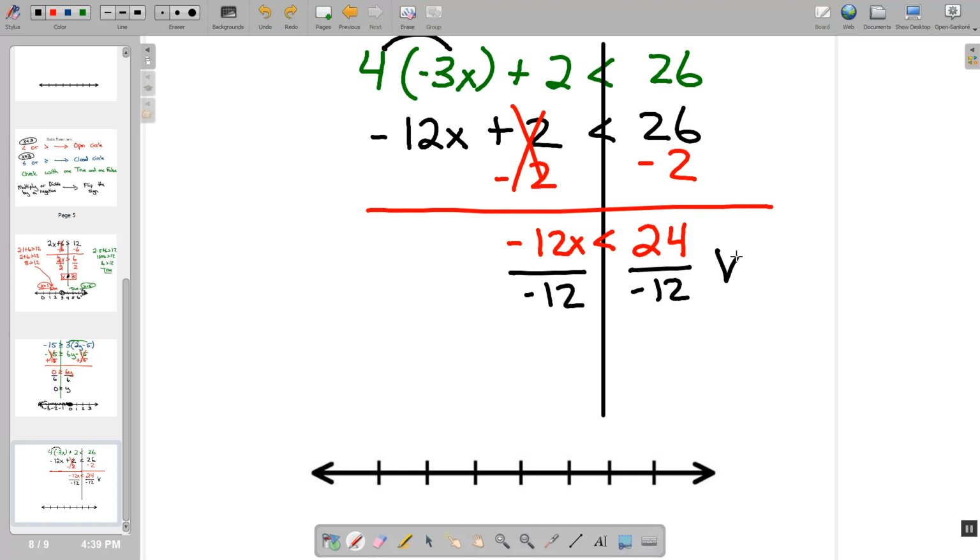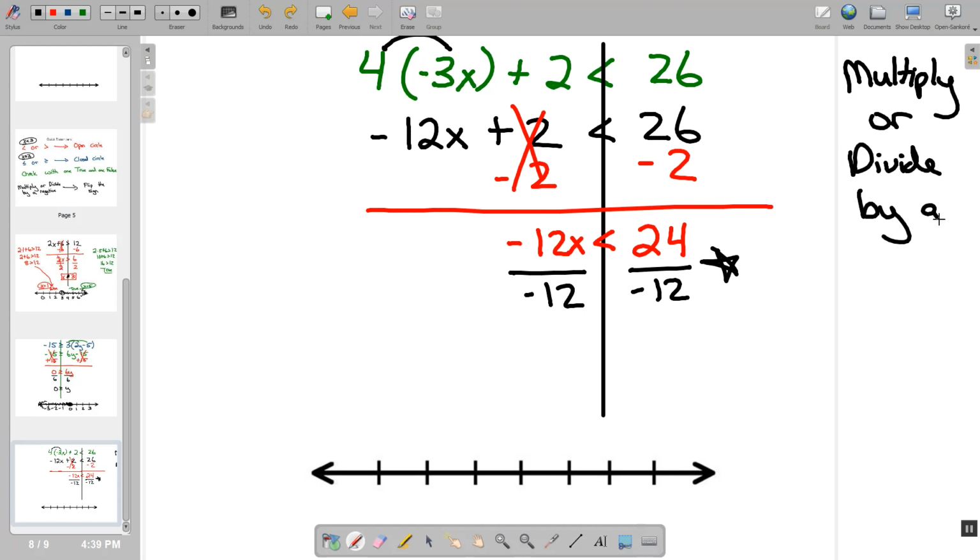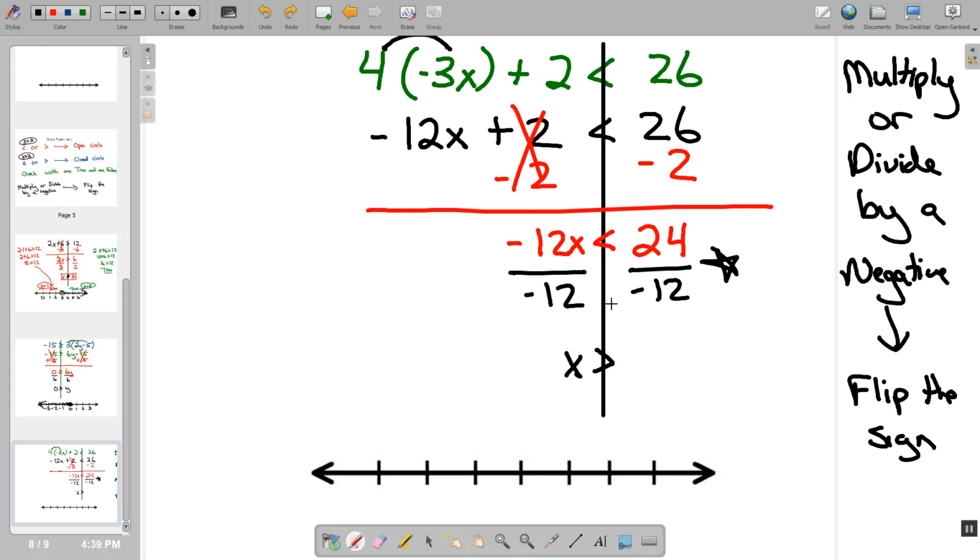And I'm hoping you remember from the last video that if you multiply or divide by a negative number, that means you have to flip the sign. So in this case, we will get x, or 1x, and we're going to flip the sign to greater than negative 2.